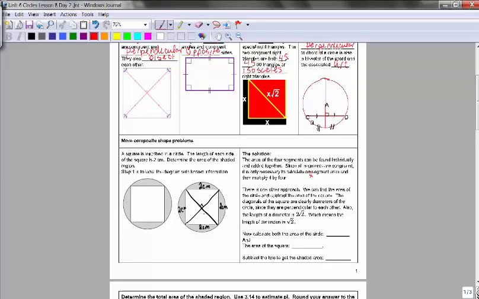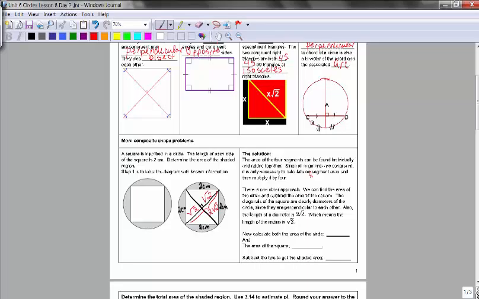So all I have to do is figure out what one of these little segments would be, and then I have my radius. So I go back to this here. I have 2, 2, and this would be 2 square root 2, and we should remember that from yesterday. And then we would divide this diameter in half to get the radius. So the radius is square root of 2.